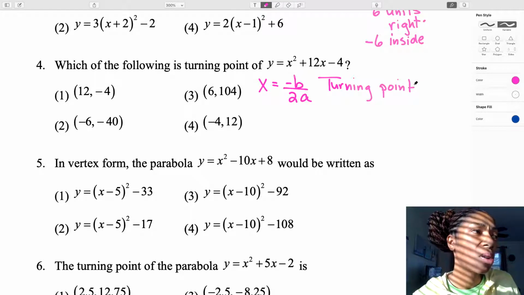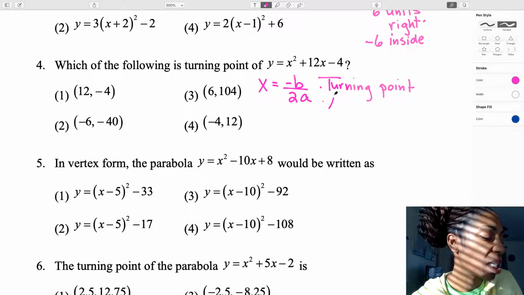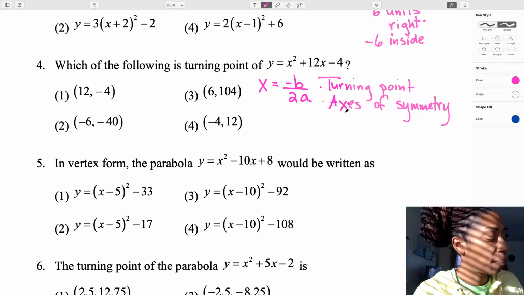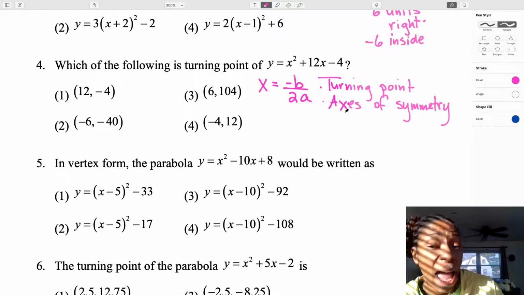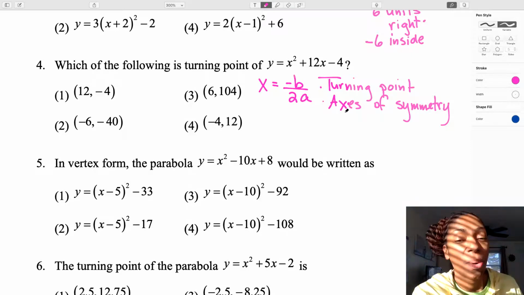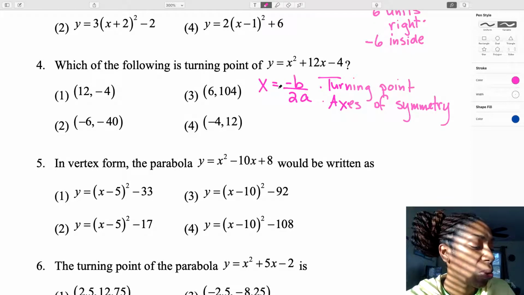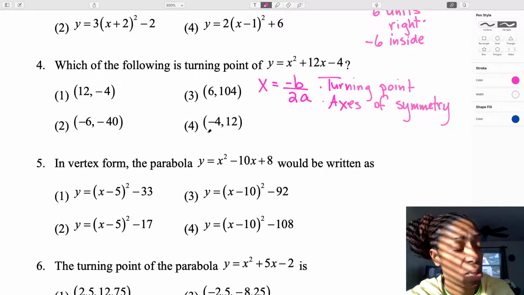We can also call this the axis of symmetry. This is the line that will cut the parabola in half. And that line, that axis, goes through the turning point. So it will just give us the x value. Then we'll use that x value to find the y that goes with it.